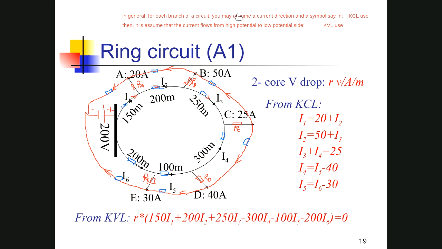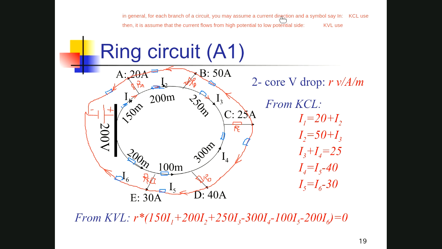Okay, so we have two general cases. In a circuit, not this circuit, for each branch of a circuit, you may assume a current direction and a symbol, say IN. That branch has a current IN, which has an assumed current direction.